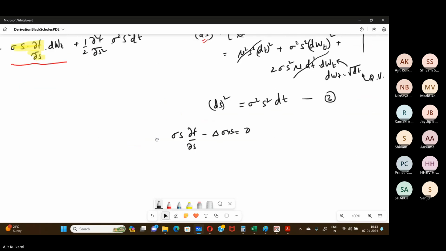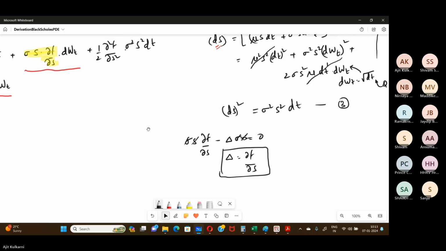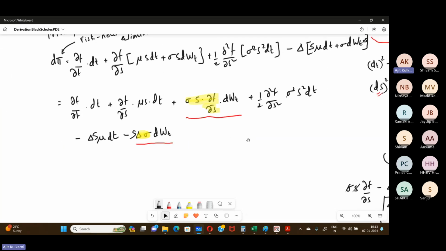So sigma gets cancelled out, S gets cancelled out. So delta is equal to dou F by dou S. So when you say delta is equal to dou F by dou S, your uncertainty of your process goes away, right? Everybody convinced on this?